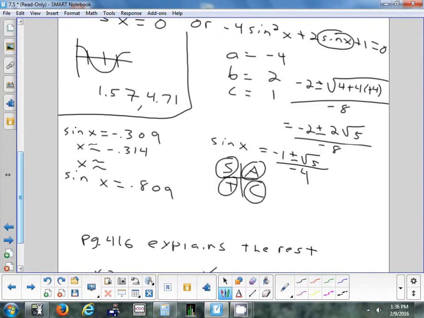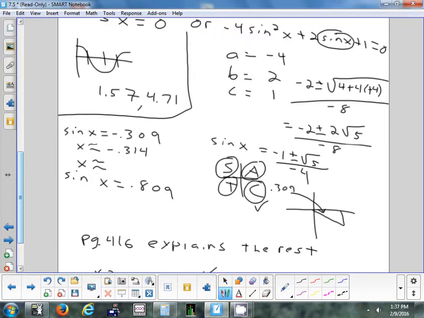Okay, and remember, that's my reference angle. Okay, this is an angle in quadrant 4. If you drew a triangle, negative 0.314 is right there. It's just into the 4th quadrant. So I just found that answer. What other quadrant did we say sine is negative in? 3. What do you do to get an answer in quadrant 3 with my reference angle?